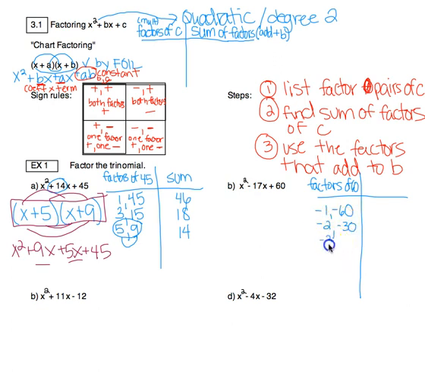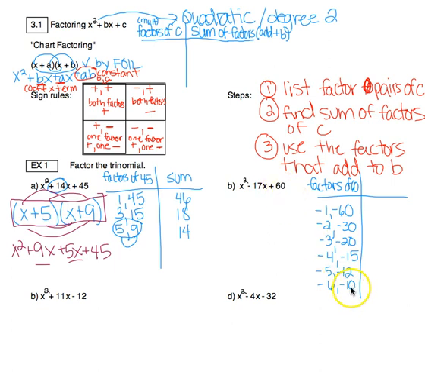It's divisible by 3 also, -3, -20. It is, let's see, divisible by 4 as well, -4 and -15. -5 with -12. -6 with -10. It's not divisible by 7 or by 8 or by 9.